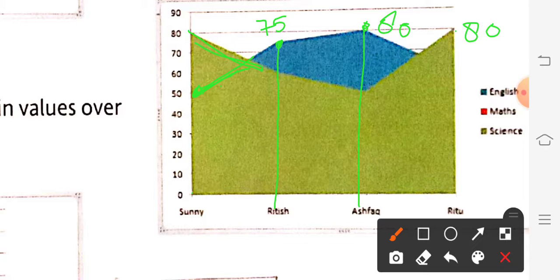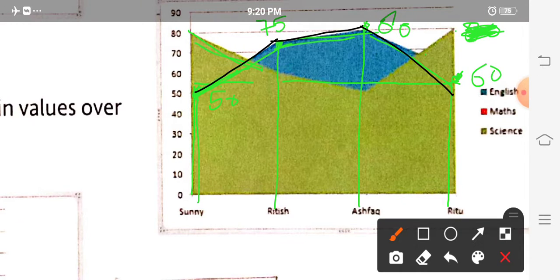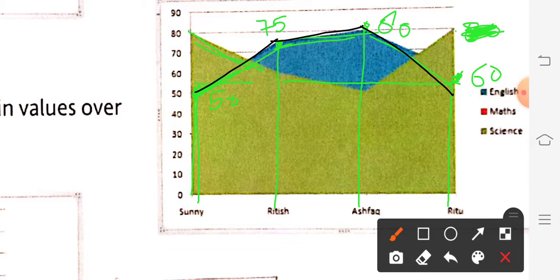So when you will not 80, sorry, it is for that science, somehow less sir, यहाँ कहीं होगा, suppose this, ये वाला point, ठीक है 60। सो क्या होगा जब आप ज्वाइन करोगे ना एक्चुअली इन पॉइंट्स को, कहीं पर यहाँ पे इसके 50 मार्क्स हैं सनी के। So when you will join this particular line, this see 1, 2 and 3, so what will happen, it will get overlapped.